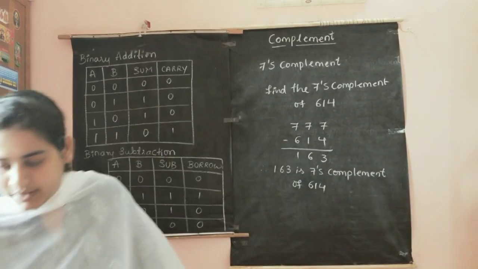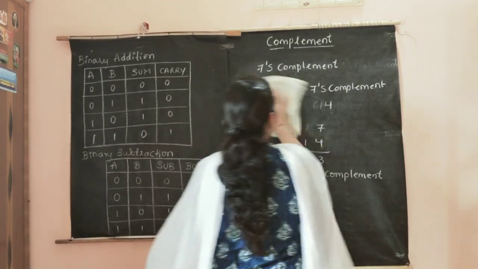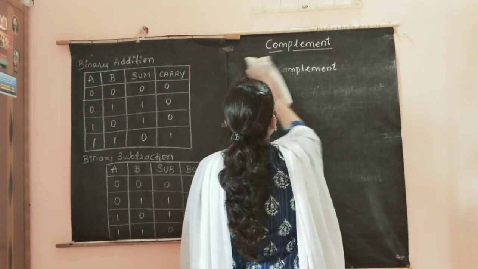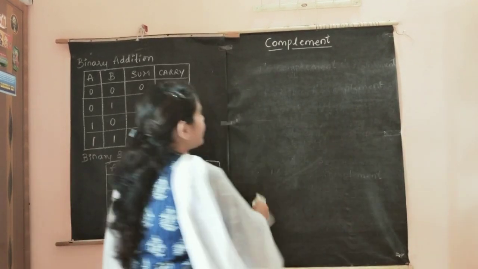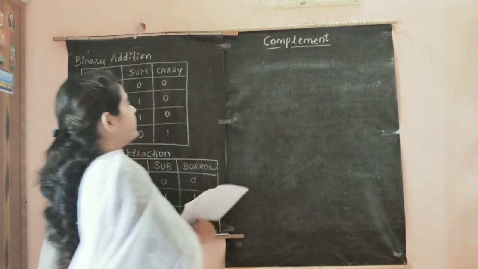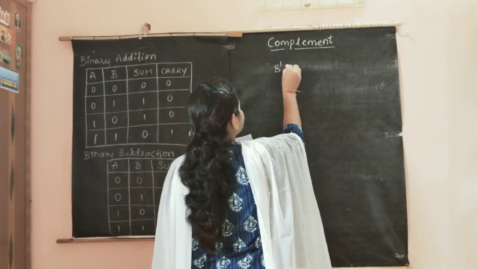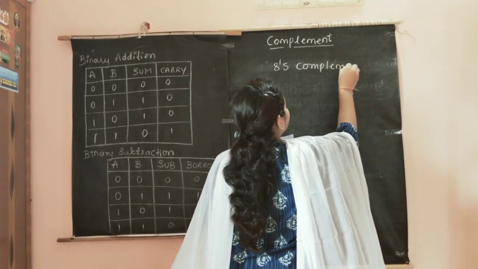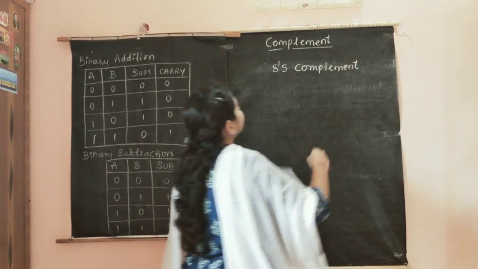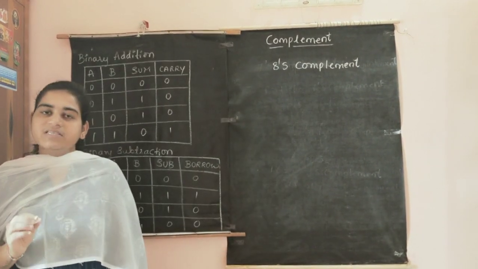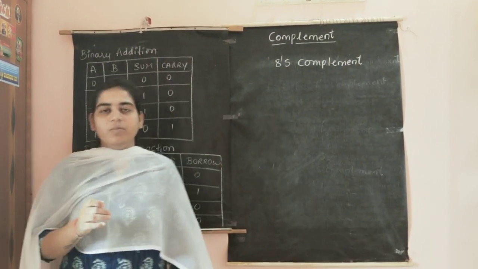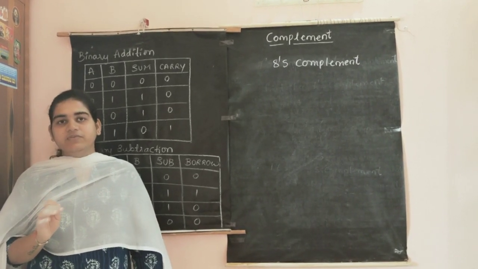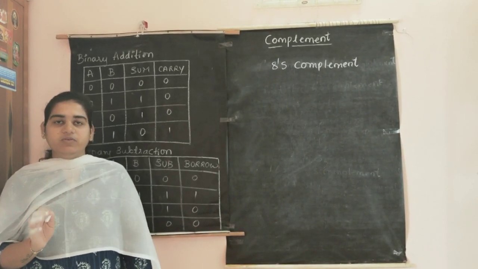8's complement. 8's complement is defined as the 7's complement plus 1. In order to find the 8's complement, first we have to find the 7's complement of the given value, then we add 1 to that, which will give the 8's complement of the given number.